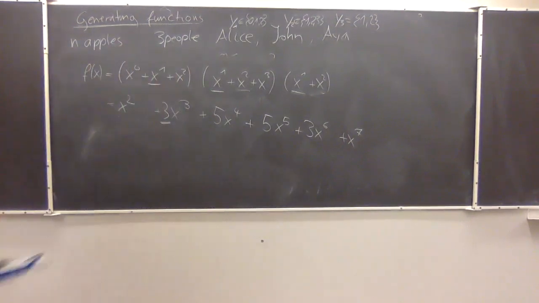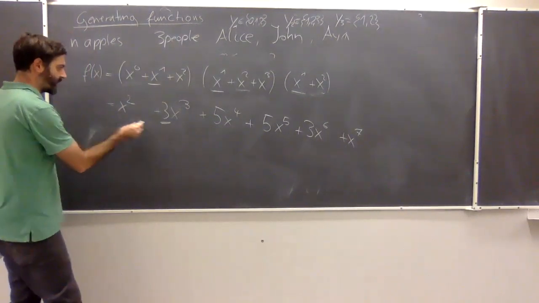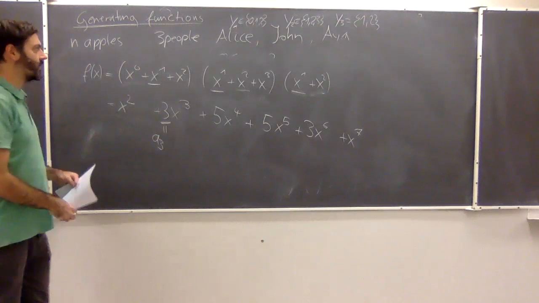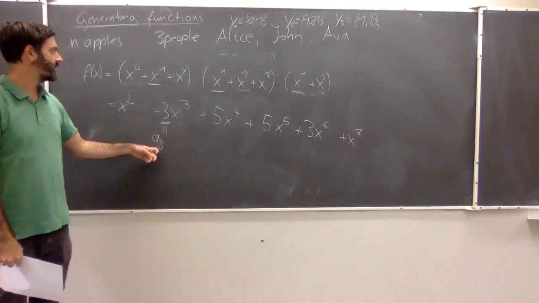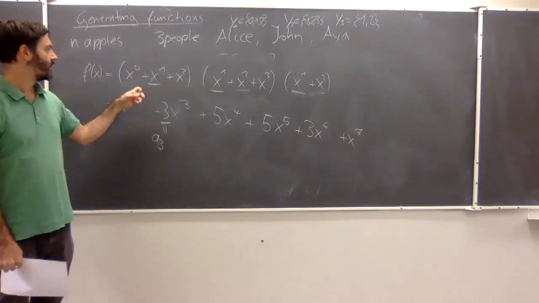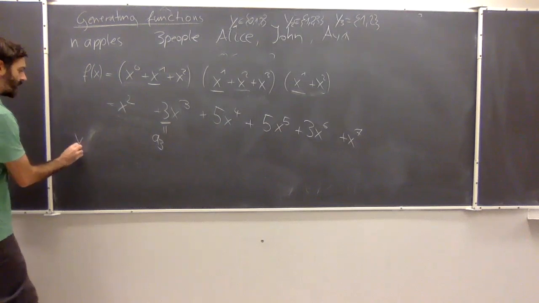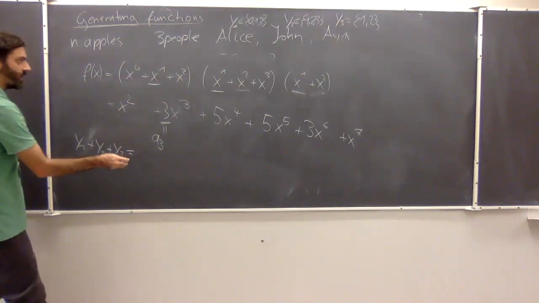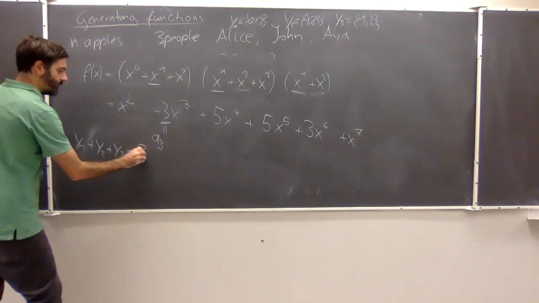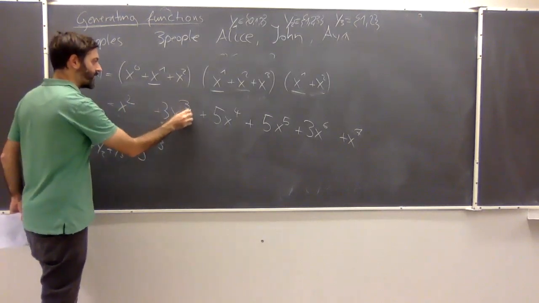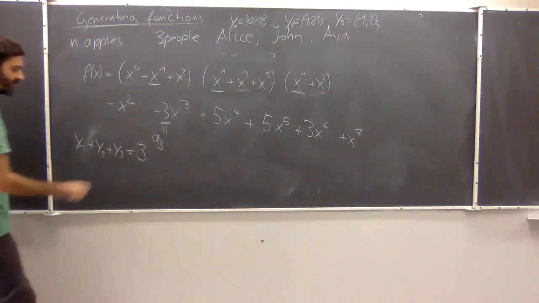And these a_k's answer an interesting question. This is a_3, and a_3 tells me how many ways there are to choose y1 plus y2 plus y3 such that they give 3. The power 3 is the same as here.